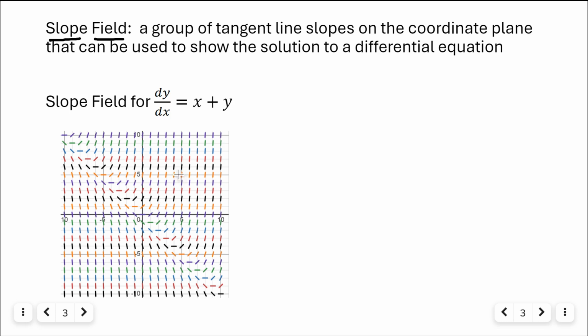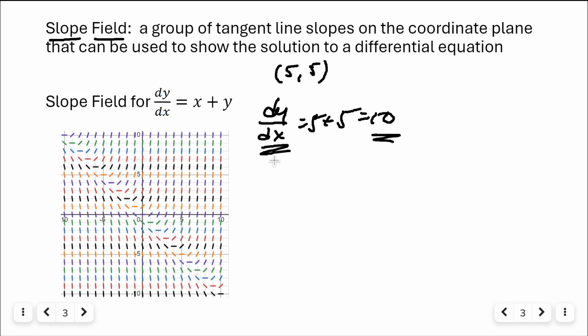To create the field, you take the point (5, 5) and plug it in. So dy/dx would be 5 plus 5, which is 10. Now, dy/dx is the slope of the tangent line. So we're saying that at the point (5, 5), the slope of the tangent line to the graph is 10.